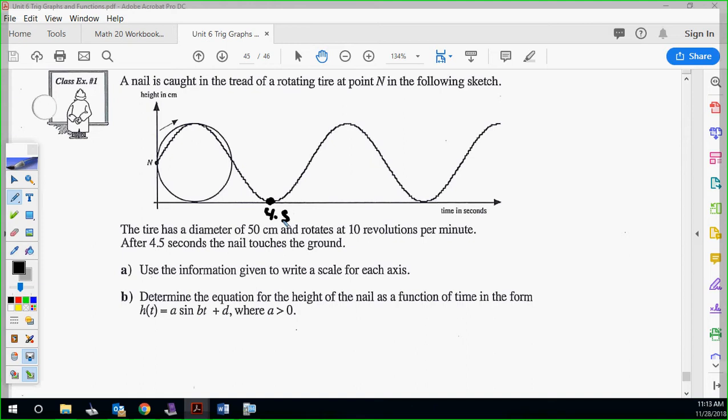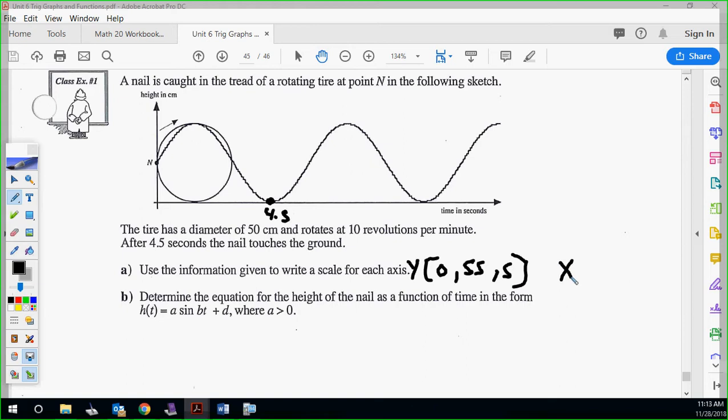Use the information to write a scale for each axis. So for the scale of the axes, you want your y to be, I'd say my y would probably be 0 to 55, going by 5s, because the height of the tire is 50, so let's go a little bit above 50.